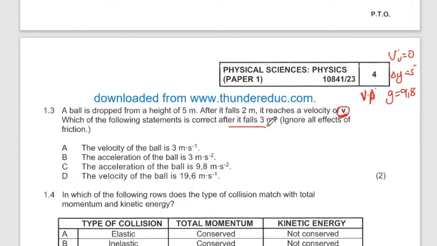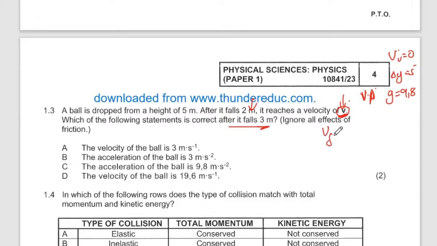They want us to get a statement for 3 meters, telling us at 3 meters, the velocity is going to be this. I don't know that. Let me first find what the speed is at 2 meters and then at 3.